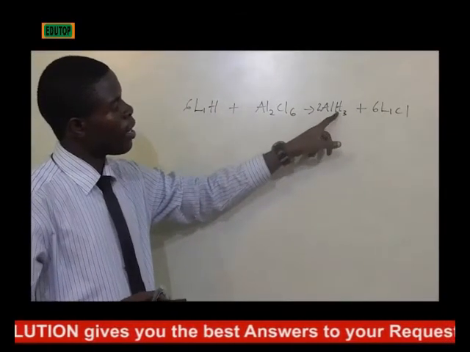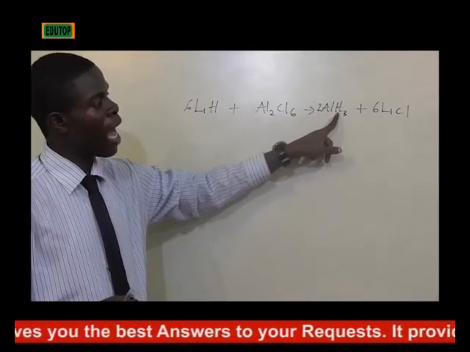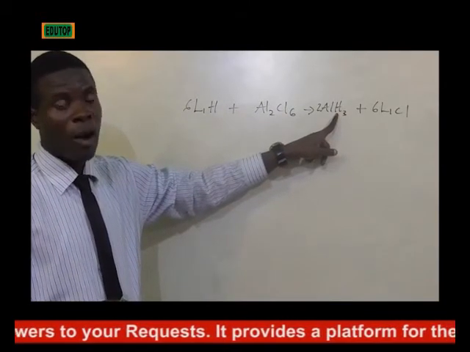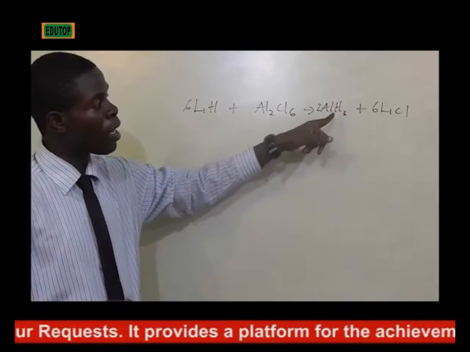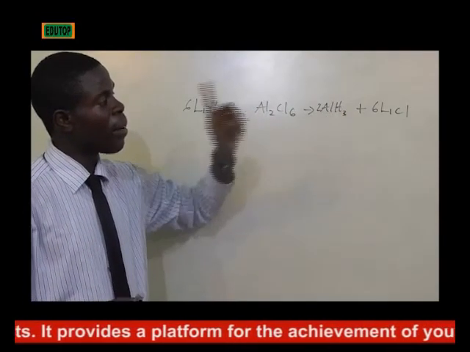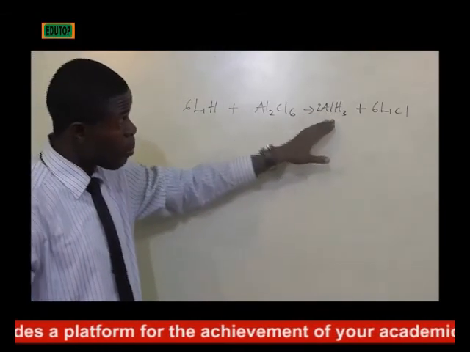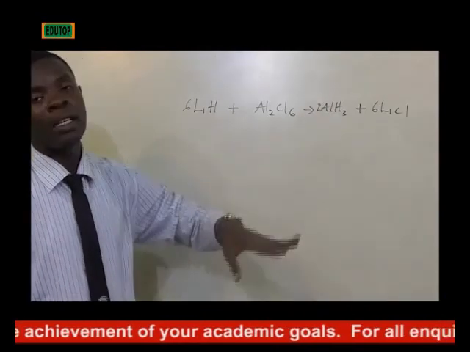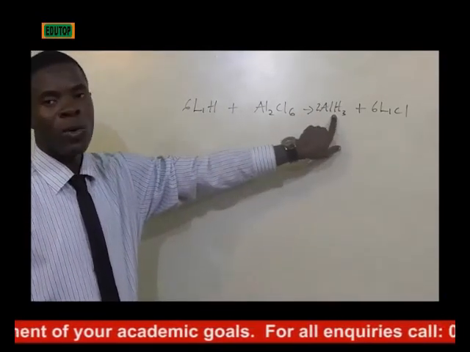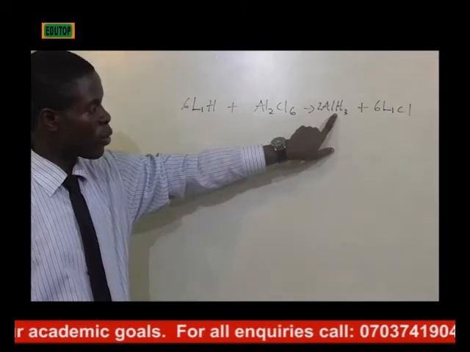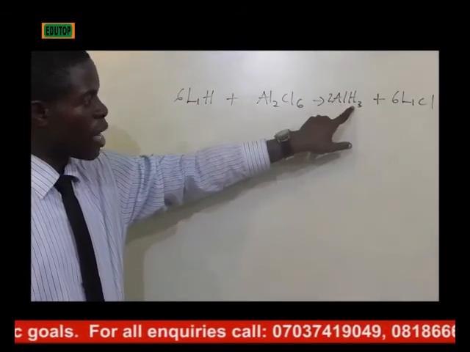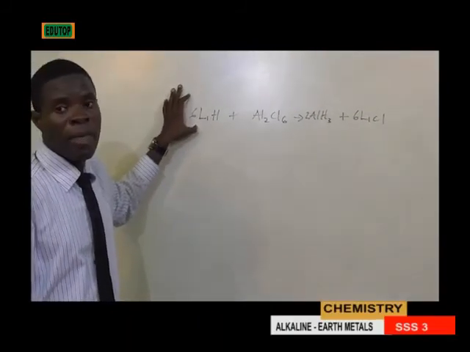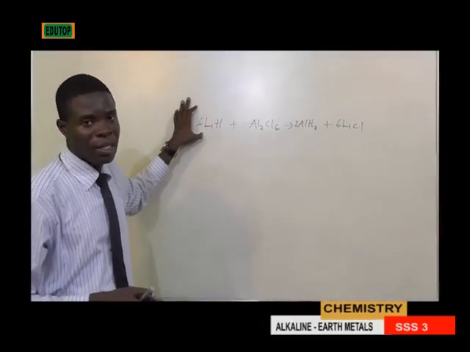Here, the oxidation number of aluminium is +3, and in the case of hydride, the hydrogen is -1. The oxidation number of hydrogen is +1, except in hydride, where it is -1. So aluminium hydride will exist this way. So this is how aluminium hydride can be prepared.